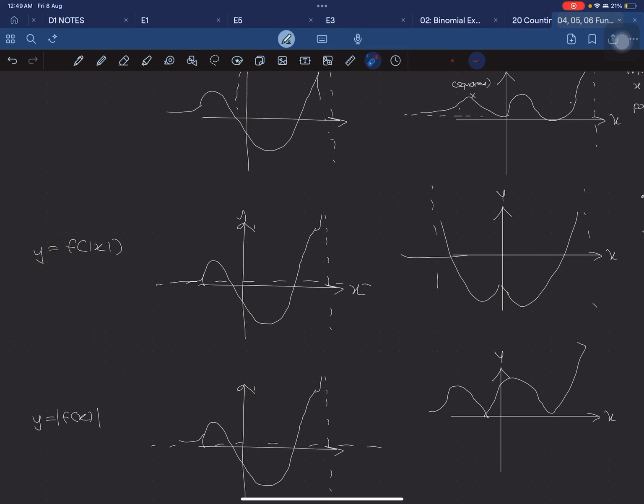Let's say we put in minus 3, and this is 3 for x. If you put in minus 3, what comes out is the y value for when x is 3, because it's modulus.